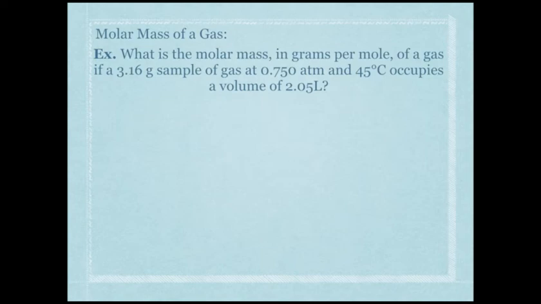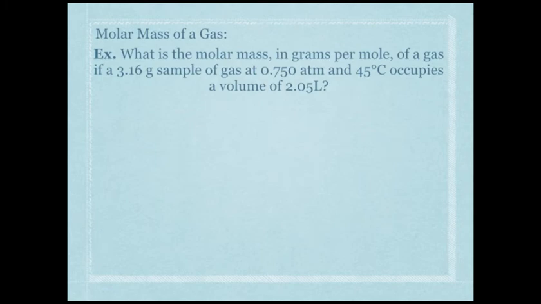So you're going to use your pressure, your temperature, and your volume to solve for moles. Once you know your moles, in order to get into molar mass, which by the way, the units are grams per mole or grams divided by moles, all you have to do is take your mass, which was the 3.16, divided by the number of moles that are involved, and that'll give you your molar mass.